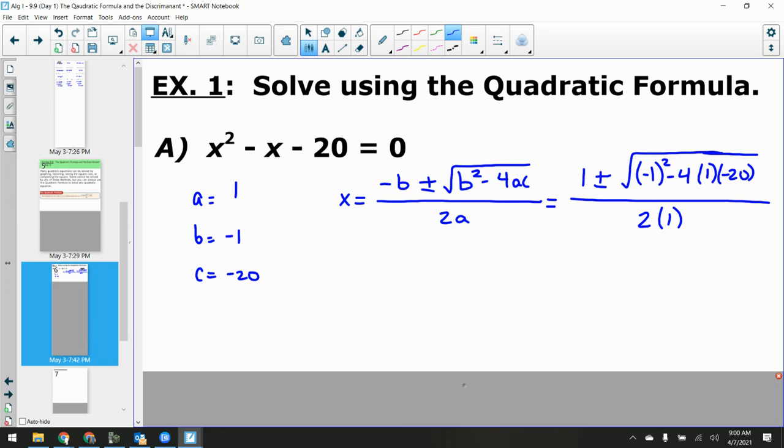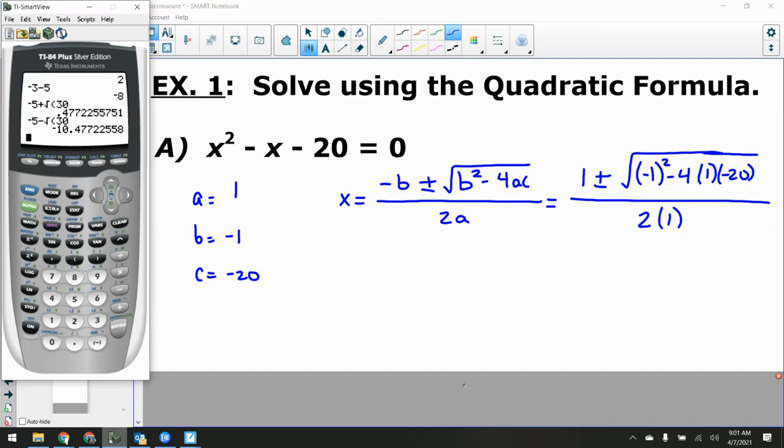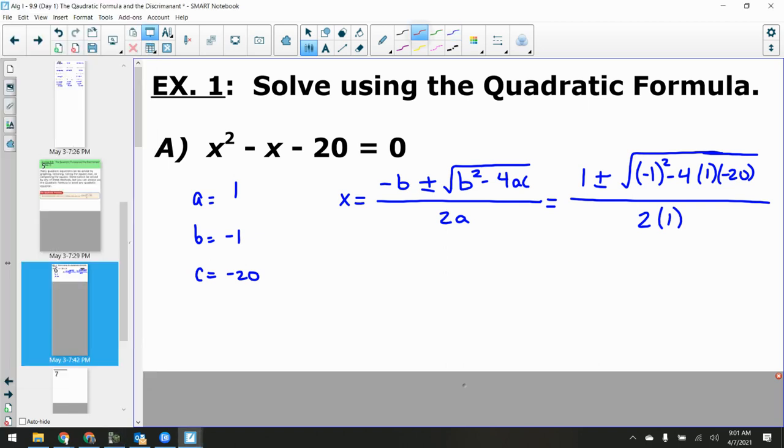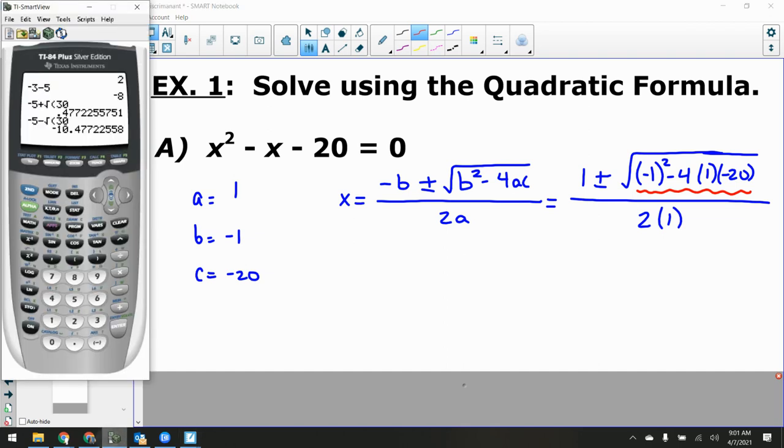So let's do that. Let's everybody get out your calculators right now, because I would hate for you to mess this up just because you don't know how to plug it in your calculator. I'd like everybody to plug in everything underneath the square root. Don't plug in the square root, just the stuff underneath it. We'll learn later that that's actually called the discriminant.